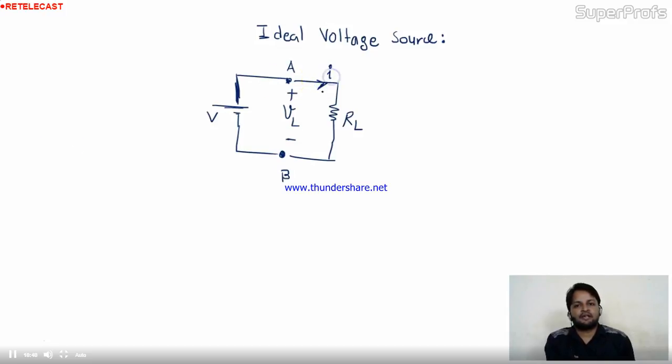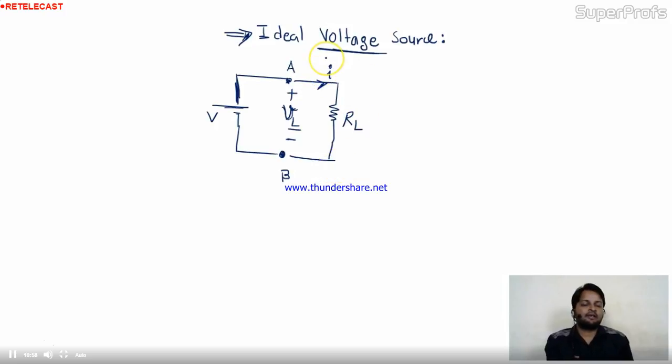Because here the current will flow in the circuit. Because of this current you are getting VL across here. Now according to the ideal voltage source, the ideal definition of the ideal voltage source is the voltage drop across the resistance or load will be same, constant.